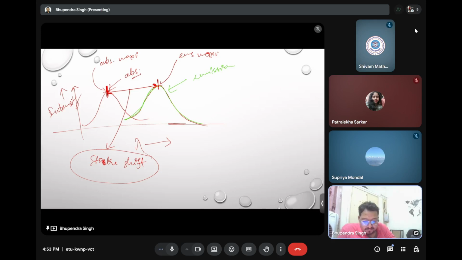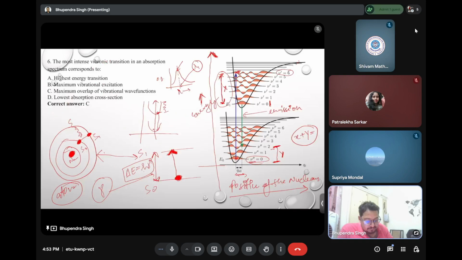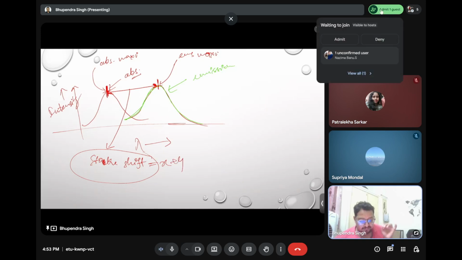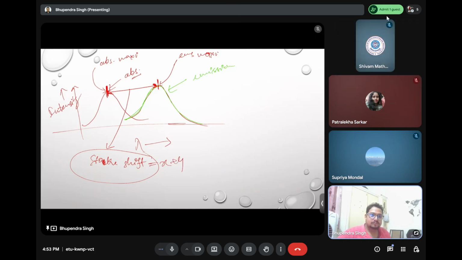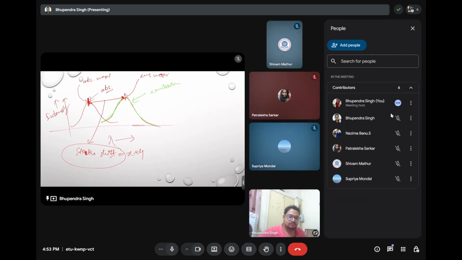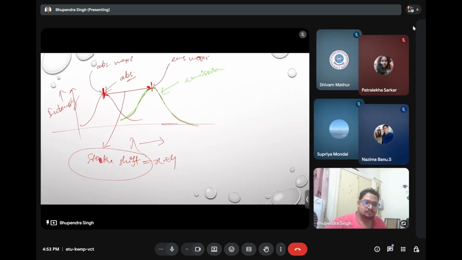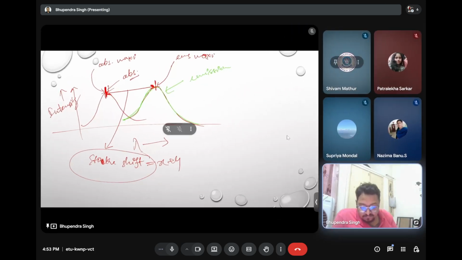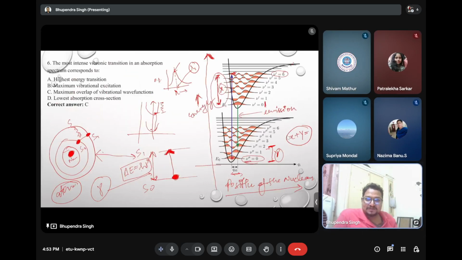This x from here to here and from here to here, x and y. So the total difference between absorption maxima and emission maxima will be this, right? It should be the energy difference of x plus y. So this is called the Stokes shift.